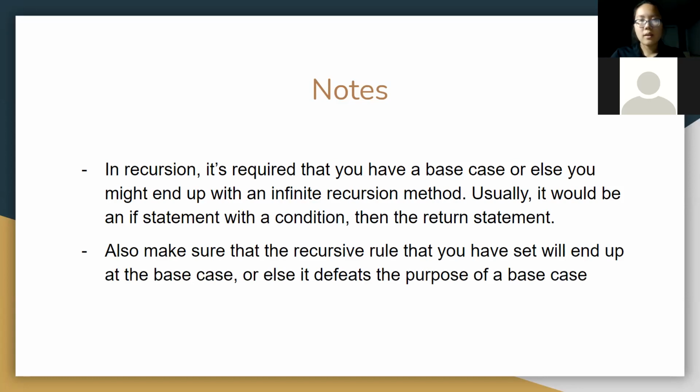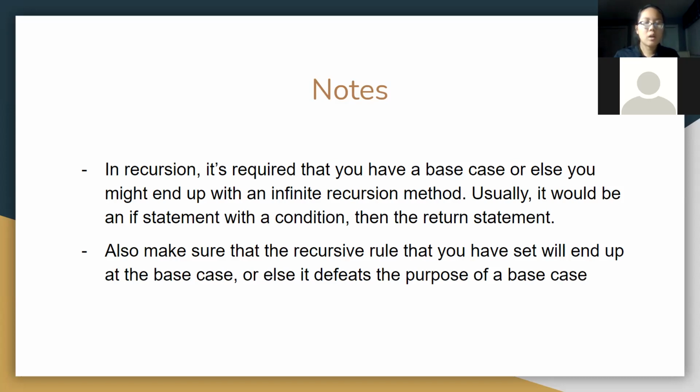Let's say we're saying print n minus 1, right? But then we're saying if n is greater than 5, then we will return. But the thing is, you can say print 3, and it's going to continue going downwards.